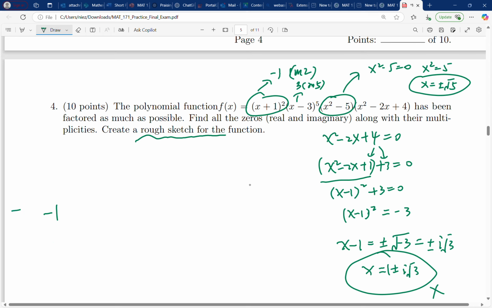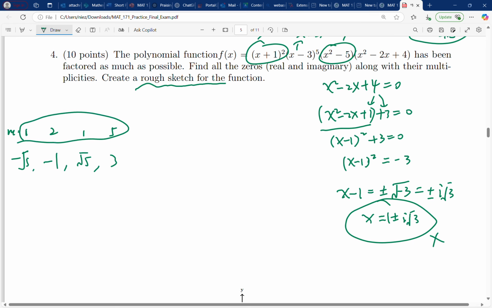Put them in order. So negative square root 5, negative 1, and then square root 5, then 3. Those are all the real zeros. Multiplicity: this one is multiplicity 1, the negative 1 has multiplicity 2, square root 5 has multiplicity 1, and 3 has multiplicity 5.